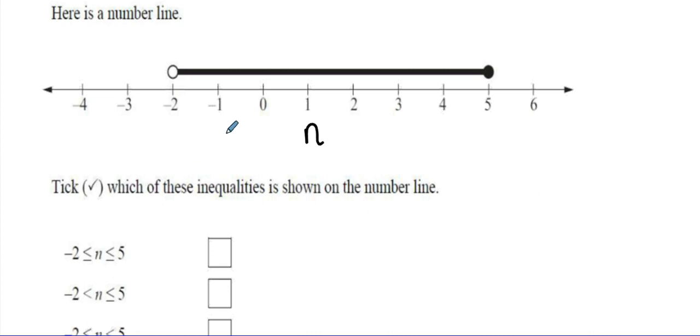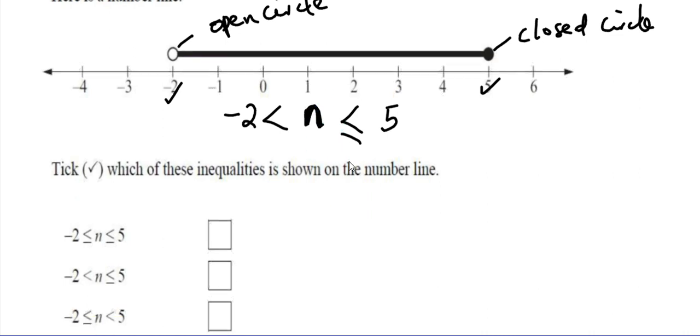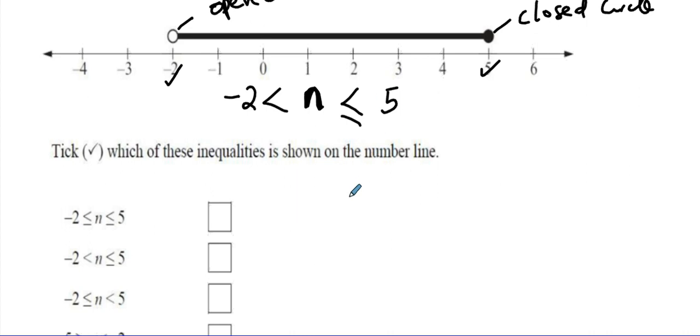You can see a closed circle over here, and you can see an open circle over here. So this suggests that those numbers will be less than or equal to 5, and -2 will be less than those numbers. This n stands for all numbers which are between -2 and +5.